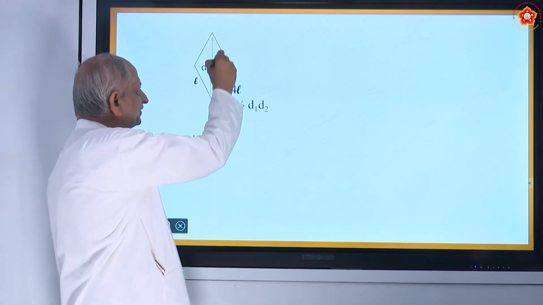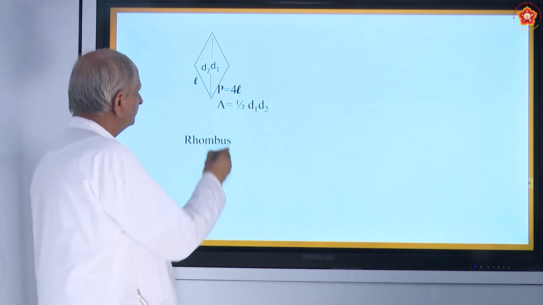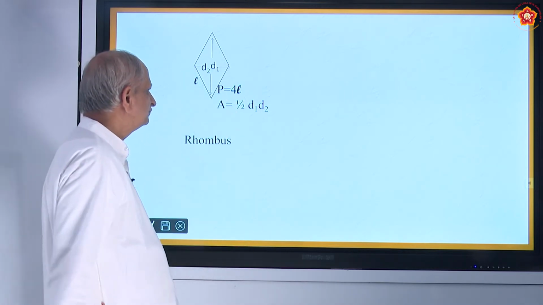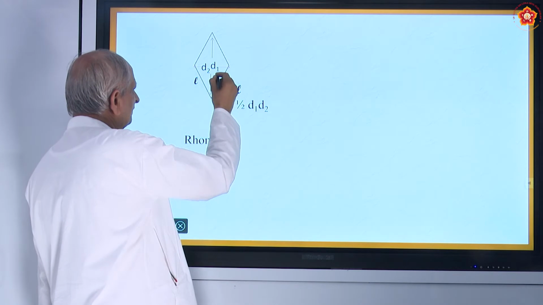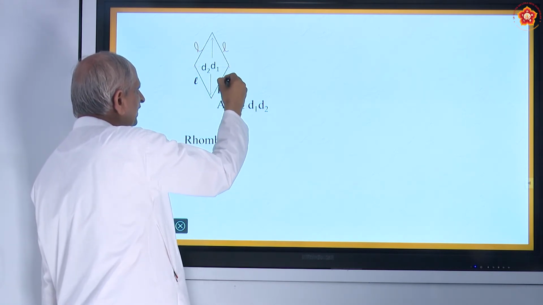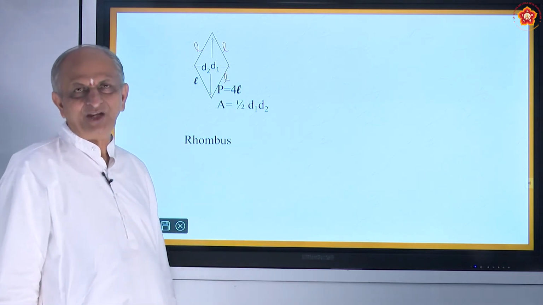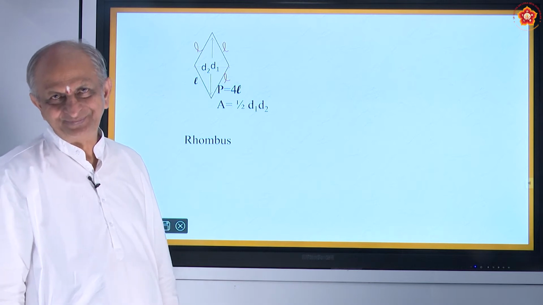One is called rhombus. In a rhombus, it looks like a square and the perimeter is given by the formula 4L because all the sides are equal. So again you can use the logic.